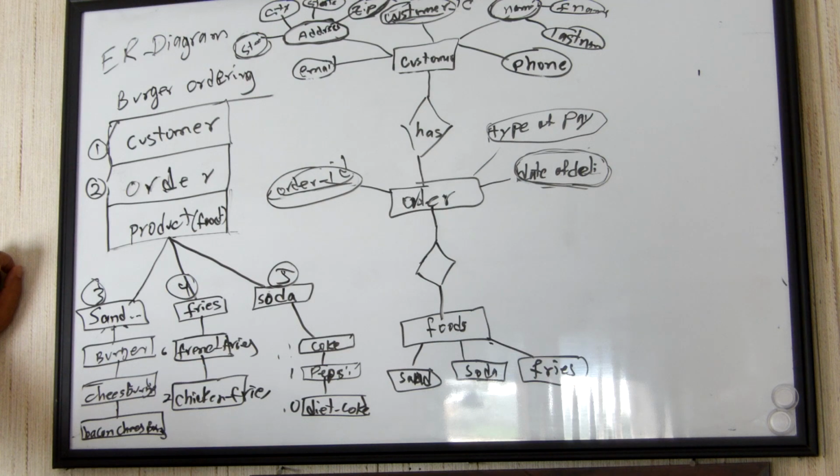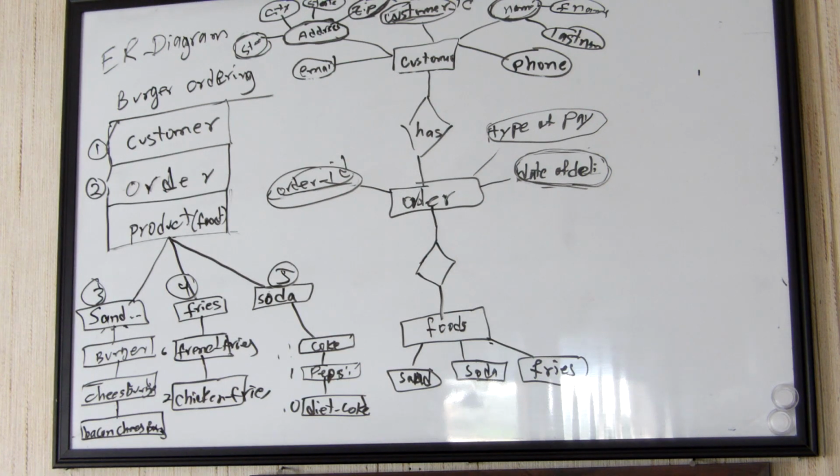If the primary key is the name of the customer, like John, we have thousands of Johns. The address we cannot, because two people can live at the same address. Email, a person can have two emails, or some other thing.